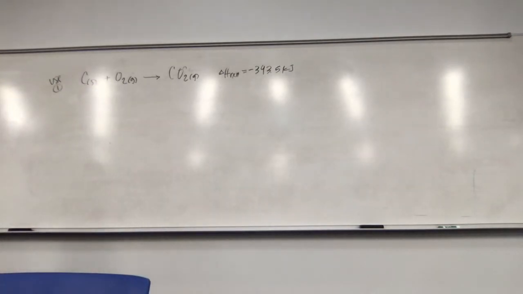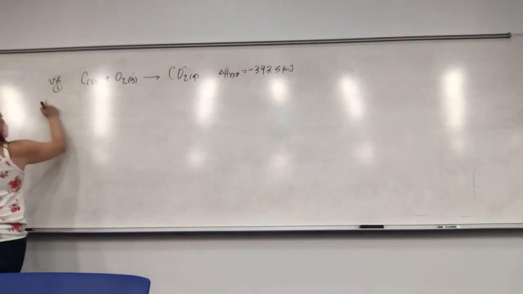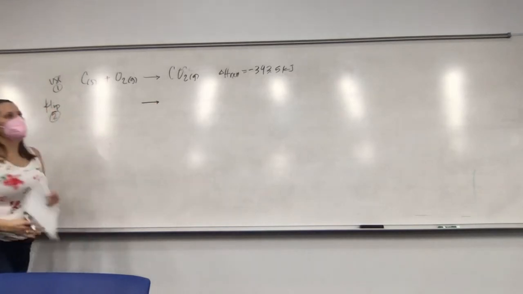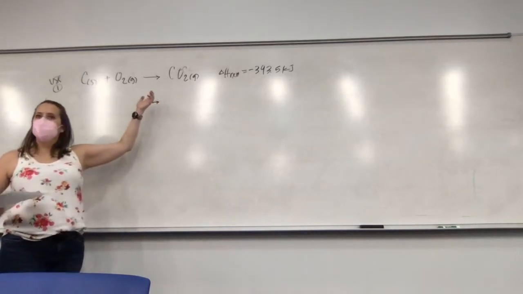Now, equation 2. There's 2 reasons that we can decide to flip this. Option 1, the carbon monoxide is a reactant and we need it to be a product, because that's where it is in the top reaction. Alternatively, you could have also decided to flip it because CO2, you need to get rid of that. And the only way to get rid of something is for it to be on both sides of the arrow. So we're going to flip number 2. You can think about this as basically just a rotational point.